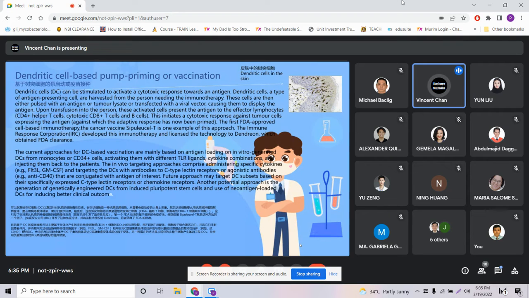Future approaches may target DC subsets based on their specifically expressed C-type lectin receptors or chemokine receptors.